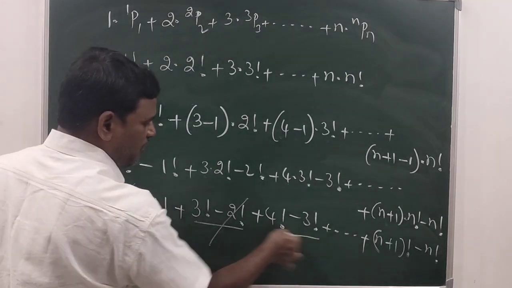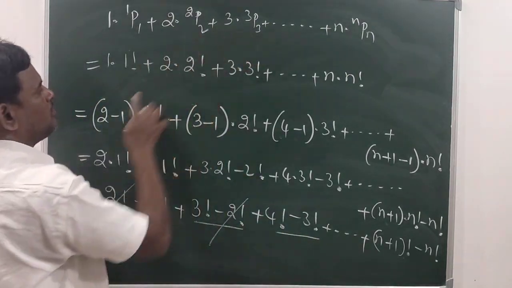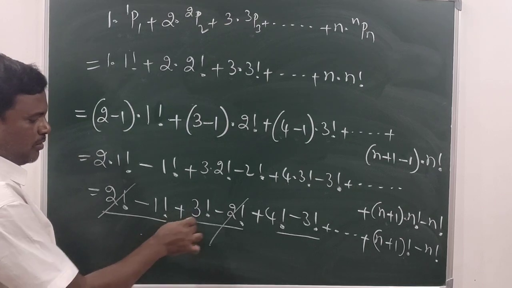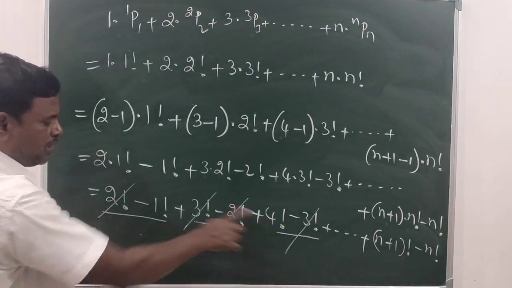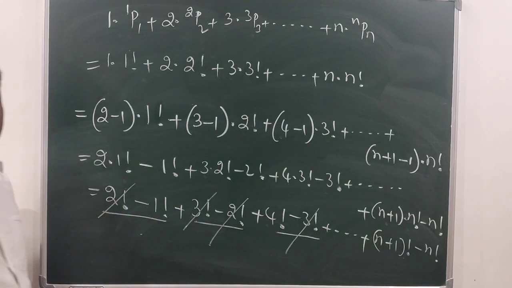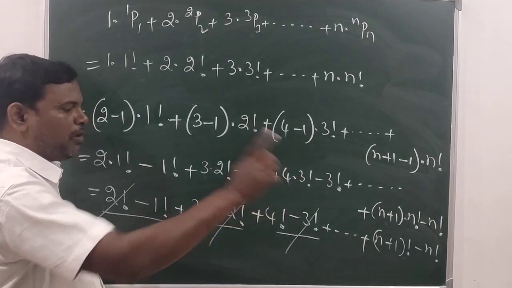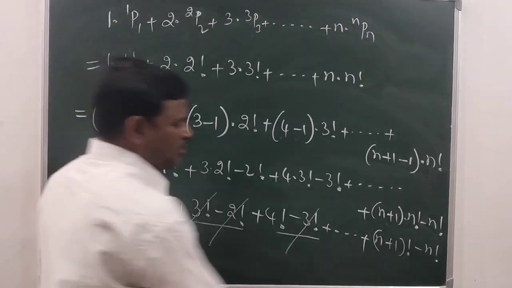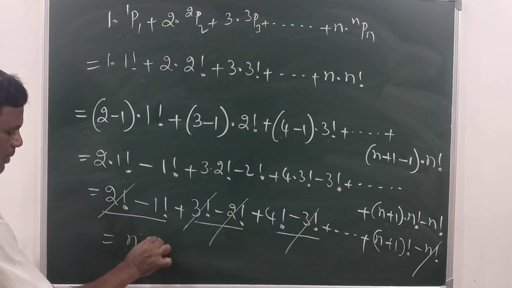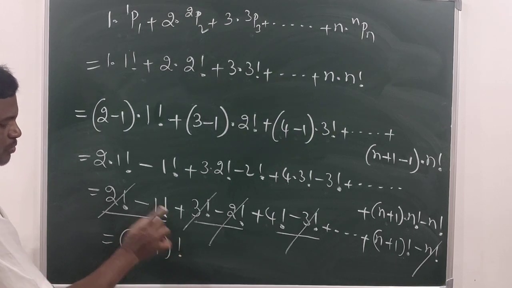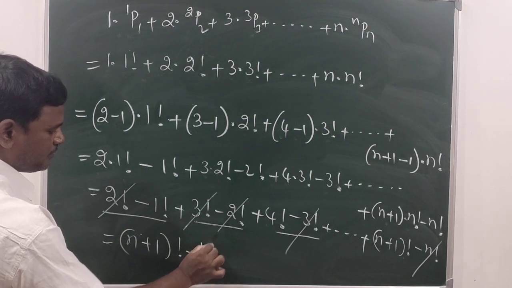Suppose you simplify the first three terms, plus 3 factorial minus 3 factorial cancel, big number minus small number will be left. Like that, if you keep on simplifying all of them, at last n plus 1 factorial, the big number, will be left, and the small number, minus 1 factorial.